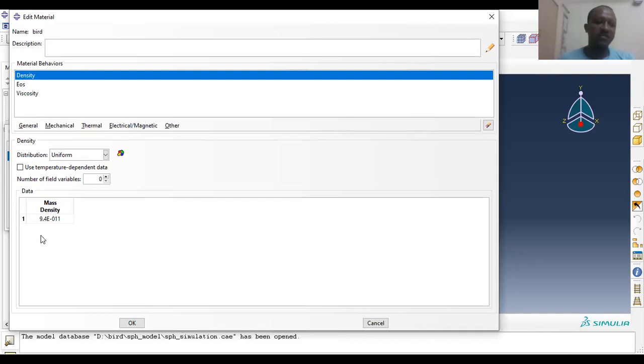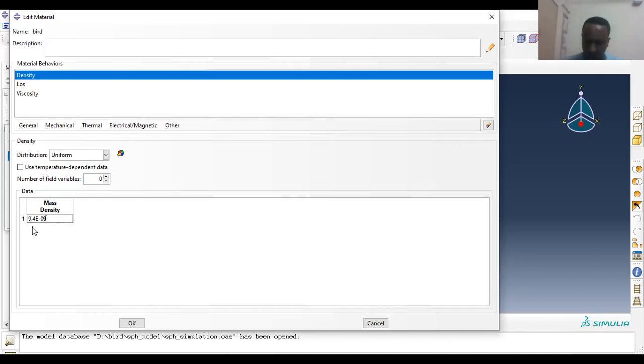Sorry, it should be E-9, because what we are using here is ton per millimeter cube. 940 kilogram per meter cube is equal to 9.4 times 10 to the power of minus 9 tons per millimeter cube.